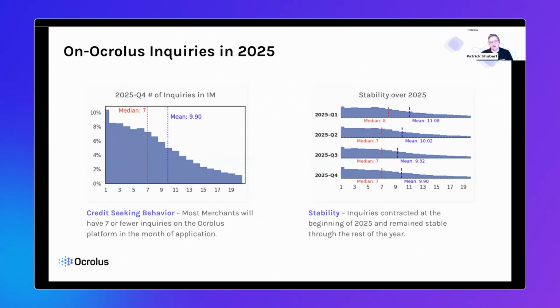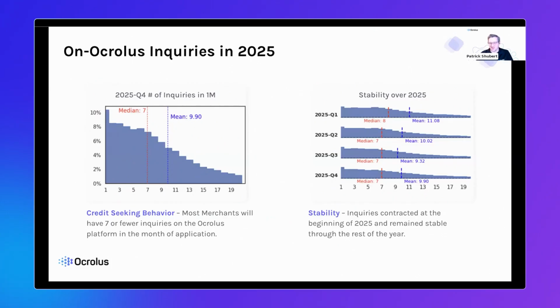But you can identify on some merchants when you upload a book, if you're seeing 10, 20, 30, especially if you're seeing that change over time, you can get a sense of, and we believe it's a very good risk differentiator, where a merchant's behavior may be changing or where their need for capital may be changing. And what we're calling out on the right-hand side there over 2025, so it's the same distribution, but looking at it every quarter, is that it's a very stable metric.